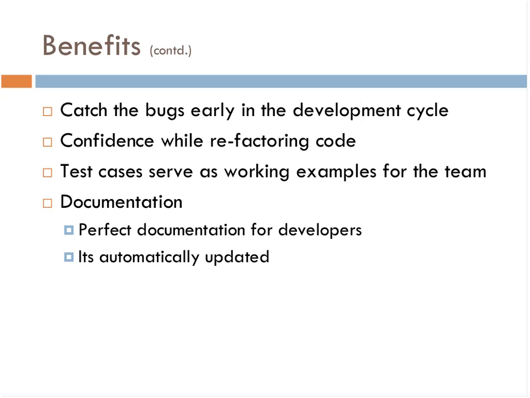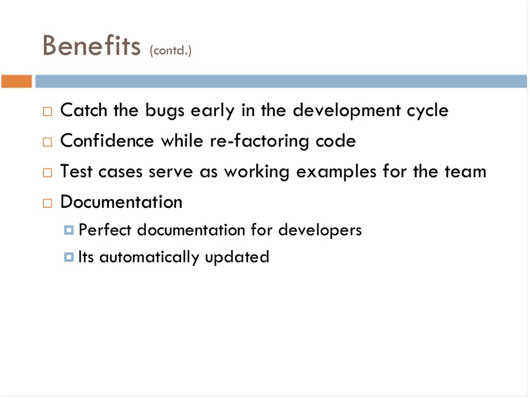So as I said, TDD enables you to catch defects much earlier in the development cycle, and you have tests which cover 100% of your code, so it gives you a lot of confidence while refactoring. This is one of the big advantages of TDD, because almost 100% of the time, code that is written afresh has some scope for refactoring.